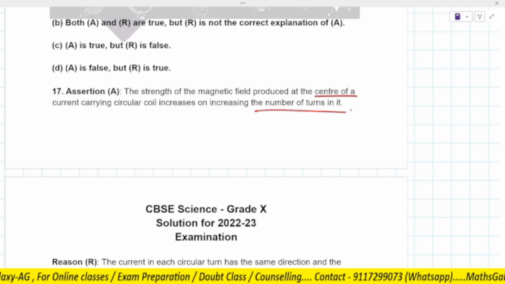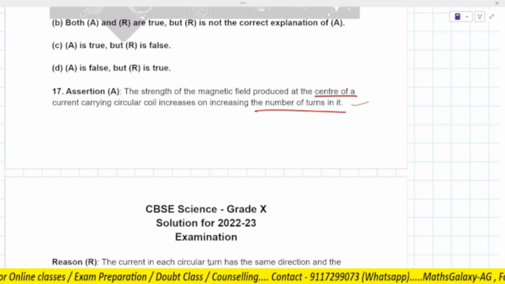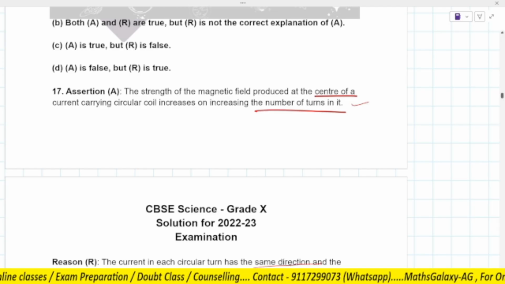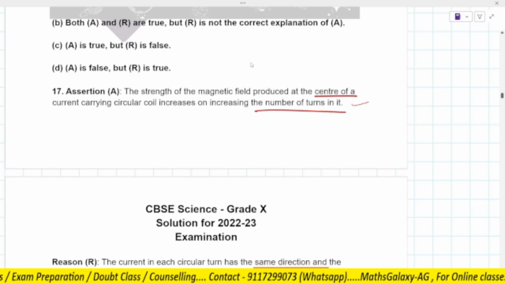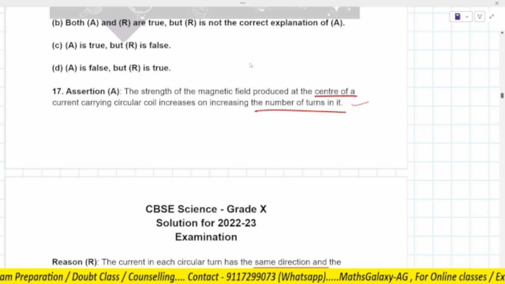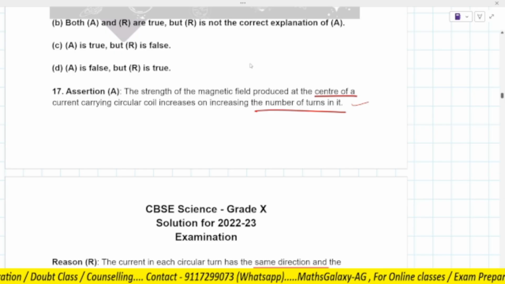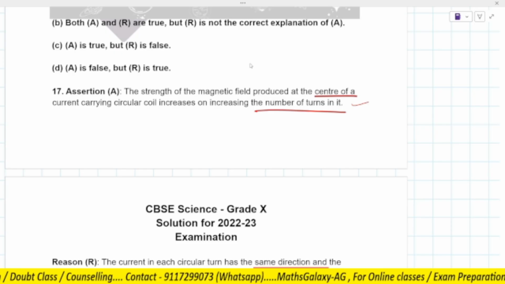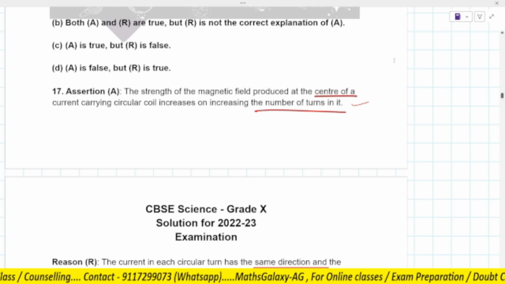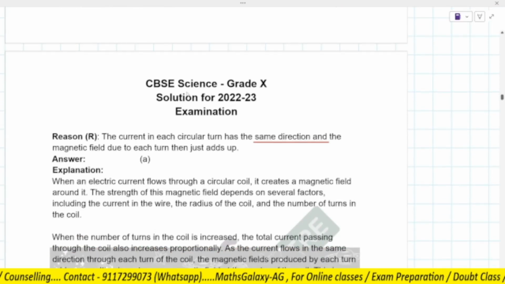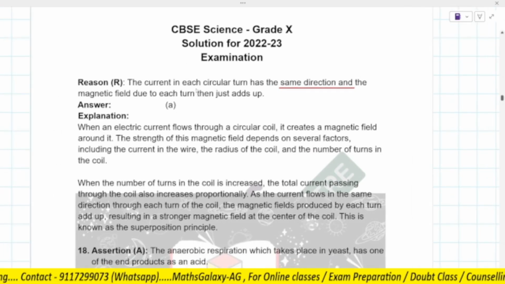So this is true. The current in each circular turn has the same direction, and the magnetic field due to each turn then just adds up. Reason is true or not? And it is also the correct explanation. So we can say that both A and R are correct, and R is the correct explanation.